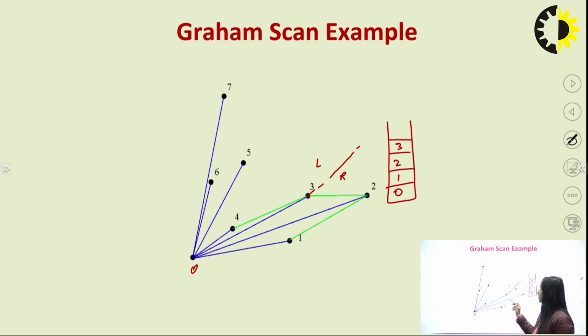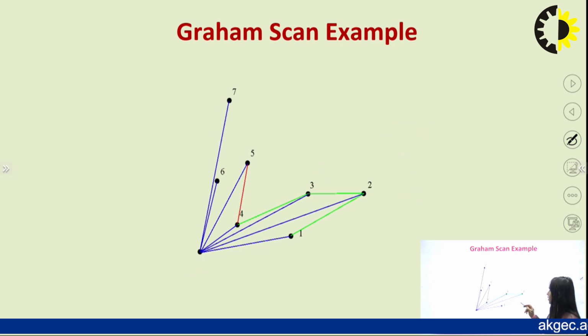Whenever any point lies into the left side, then I push that point. So the 4th point should be pushed here, right? Now your top of the stack is 4. I hope this is clear to you all, right? Next, if I go counterclockwise, next point is 5.